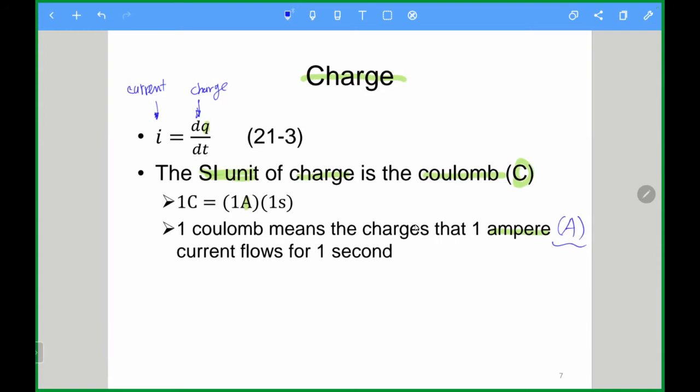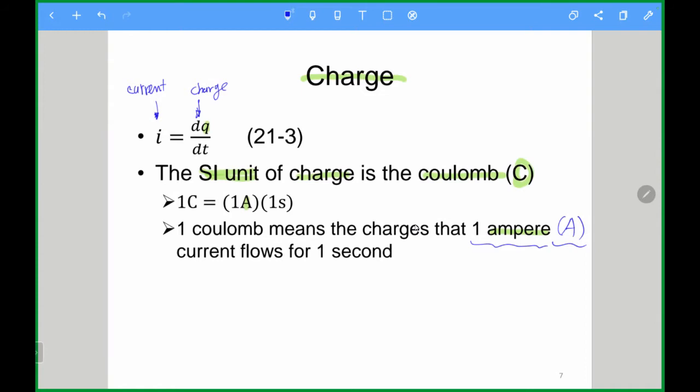This means that if you have a current of 1 ampere and the current flows for 1 second, then the change of charge amount will be 1 Coulomb.